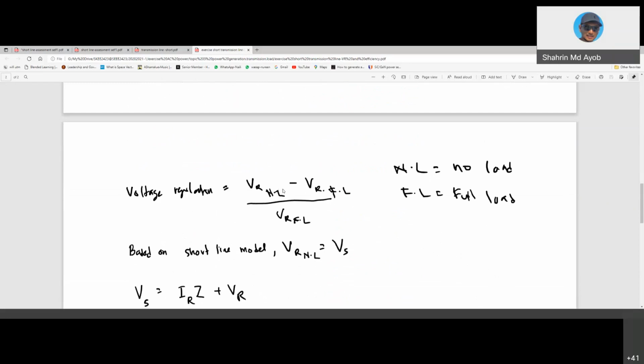So the equation for the voltage regulation is given like this. I think you need to memorize this one: VR no load minus VR, the voltage value at the receiving end during full loading, over the VR during full loading.